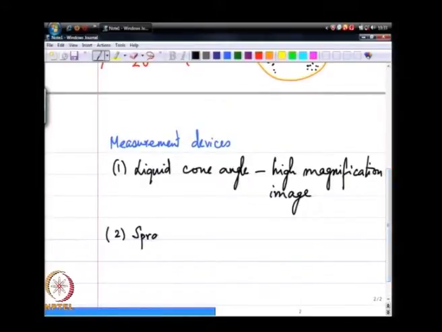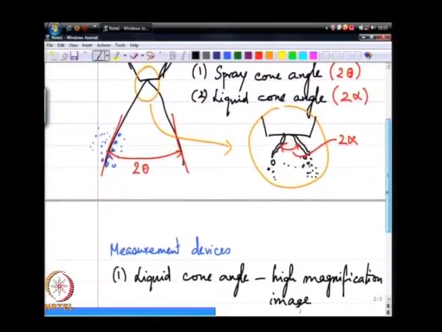The spray cone angle can be measured with what is called a blade protractor. This is a technique that is widely employed in the industry.